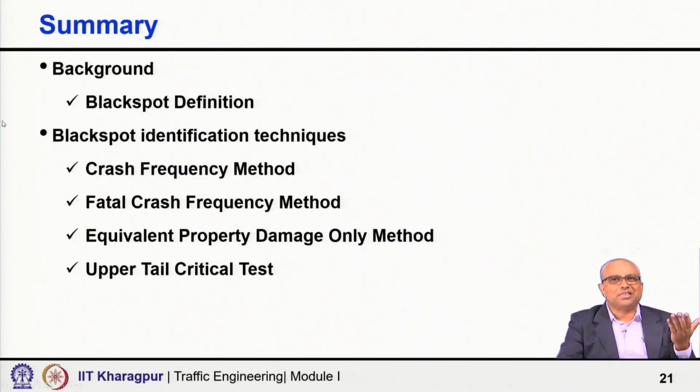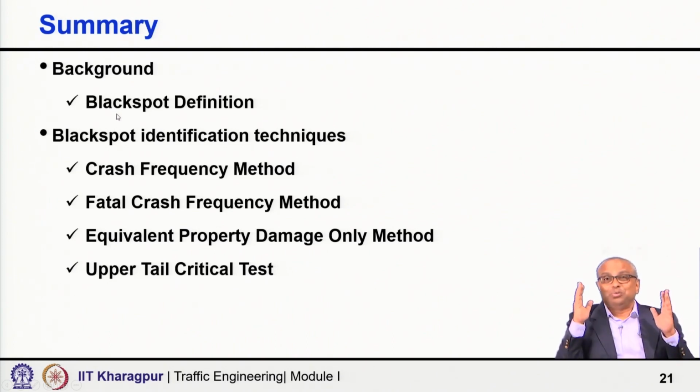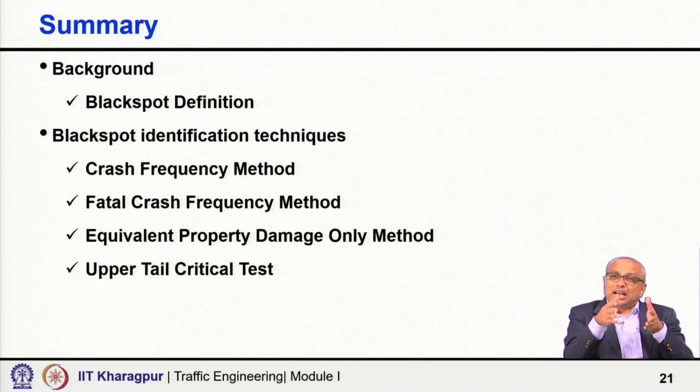So, what I discussed in this lecture, I told you why we need to identify black spots, and how a black spot is generally defined. I will say again, the proper definition is where statistically more number of crashes, fatal, total, EPDO, whatever way you say, are happening as compared to other locations.